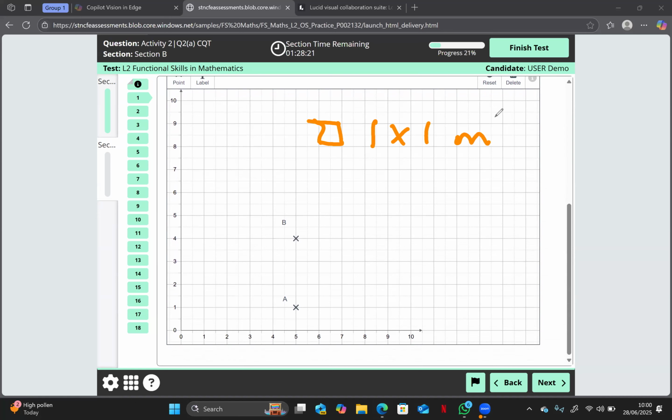Okay, so this will be 1, 2, 3 meters. The mat will be rectangular, so it'll be 1, 2, 3 and a half. Half is there, so one coordinate will be there, x will be there, and the other coordinate again will be 3, 1, 2, 3 and a half there. So that's how the square will finish. So we can rub this out now, because all we need is the coordinates.